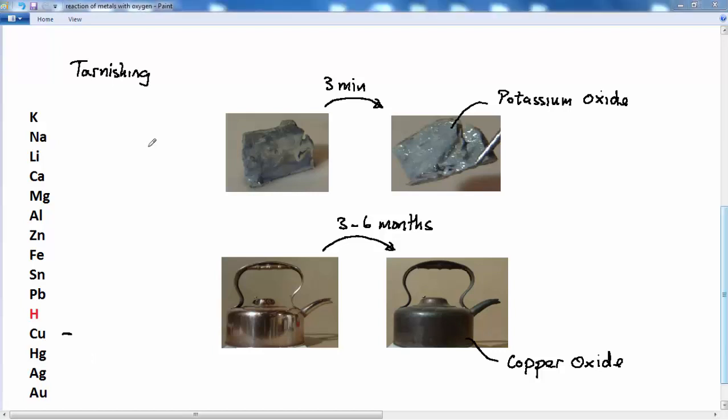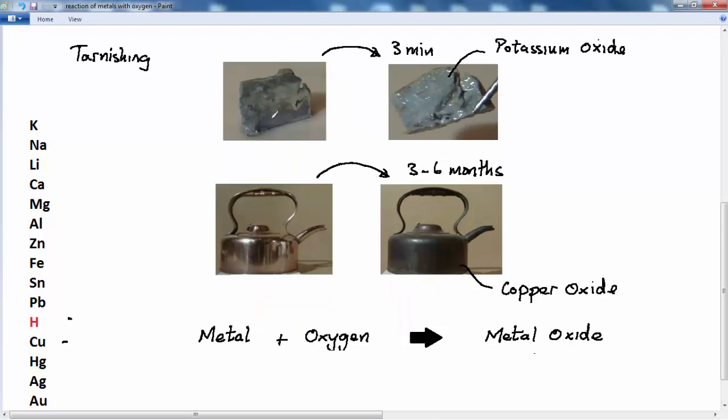Now there's one more thing that I would like to mention, and that is that the equation for the reaction is exactly the same for tarnishing as it is for combustion or burning. So, as in both of these cases, you've got a metal, it's reacting with oxygen slowly through tarnishing, and it produces the metal oxide.